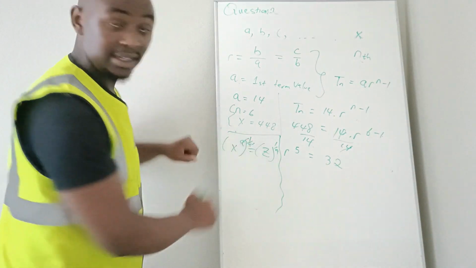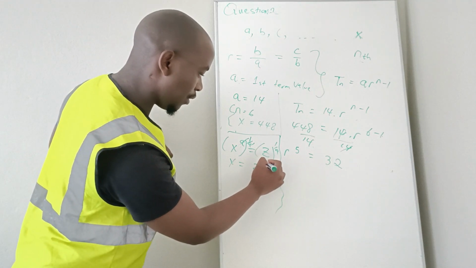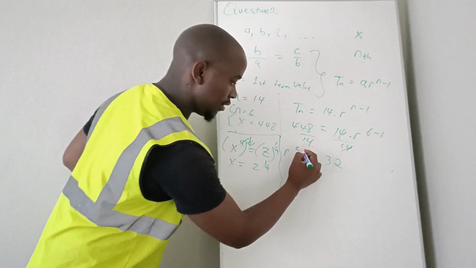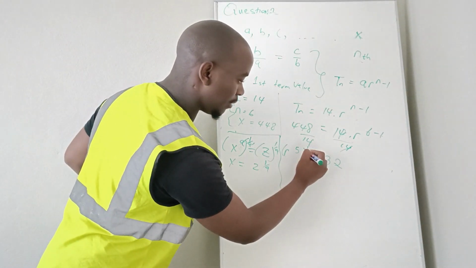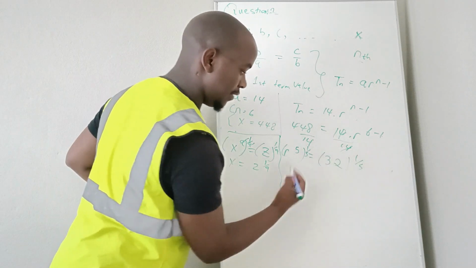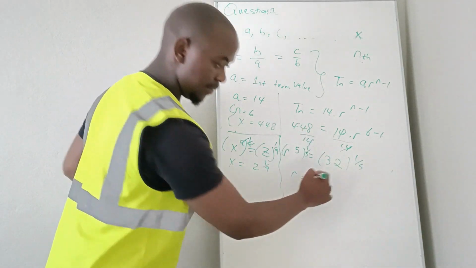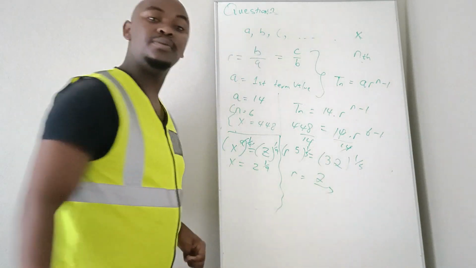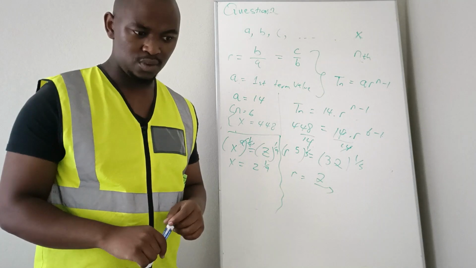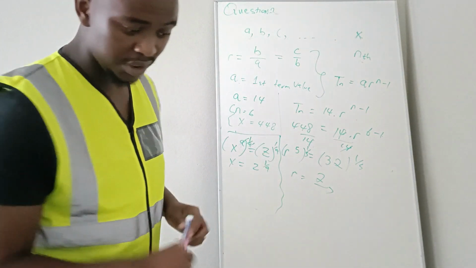The a here cancels a, and therefore x is equal to z to the power of 1 over a. The same can happen here: r to the power 5, we raise to the power 1 over 5. So r is equal to 32 to the power of 1 over 5. That is 2. And that is the end of question number 2.1.1. Let's move to the next question.